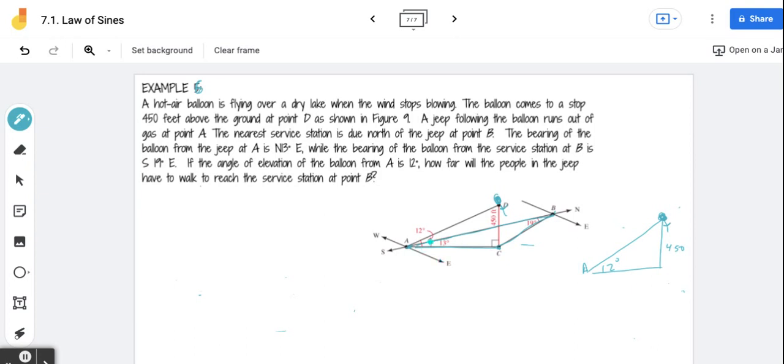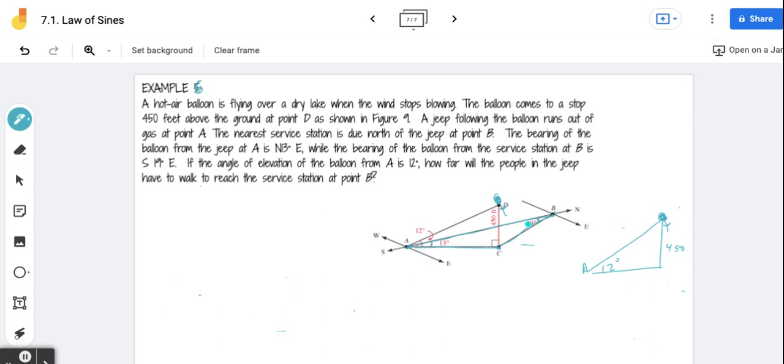So 13 degrees east of north is that. And the point where the service station is, the bearings of the balloon is 19 degrees. This is south, so this is east of south. So those two angles are given, and what we want to know is how far is where the car ran out of gas from the service station? So this distance AB is what we want to find.